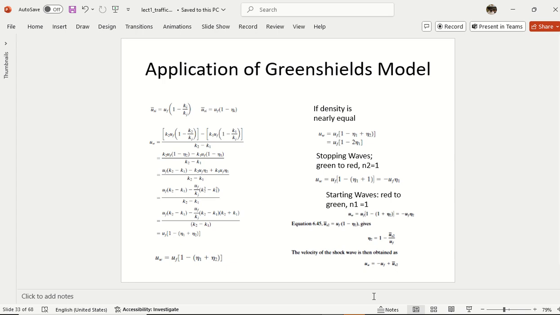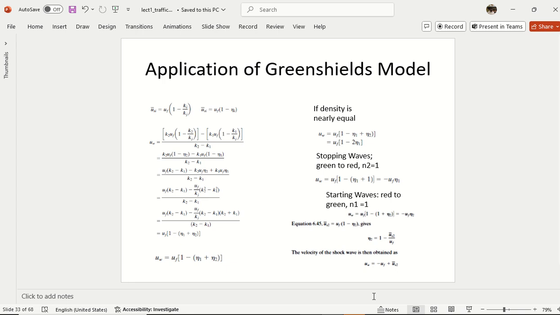Now let me summarize what we did. We had the normal Greenshield model, in which we introduced a variable eta. What is eta? K upon Kj. Then we went to the equation of the velocity of the shock wave: Q1 minus Q2 upon K1 minus K2.